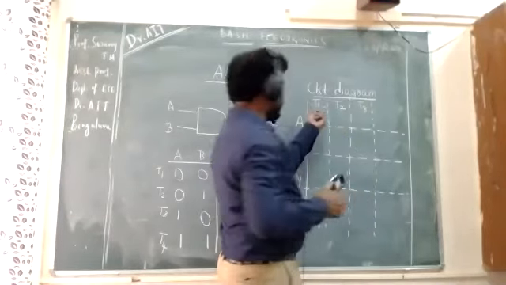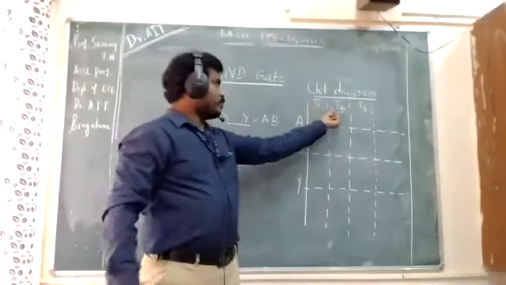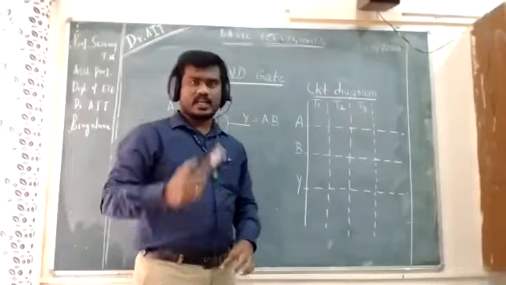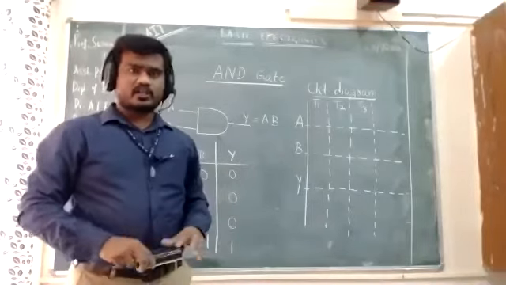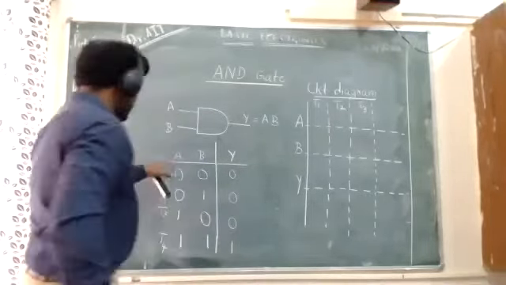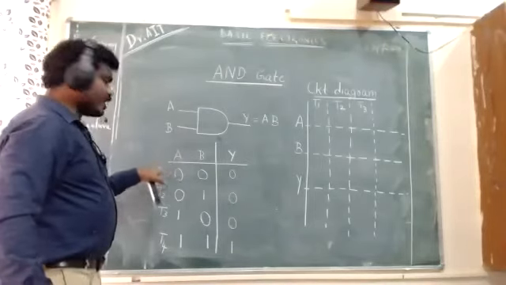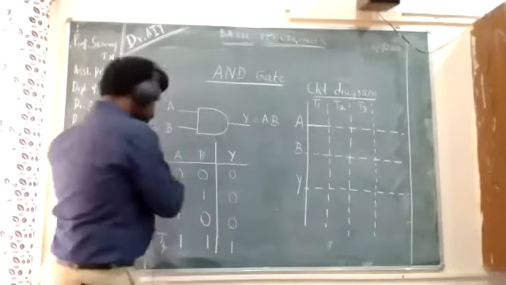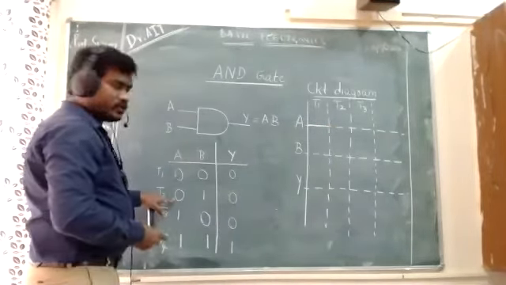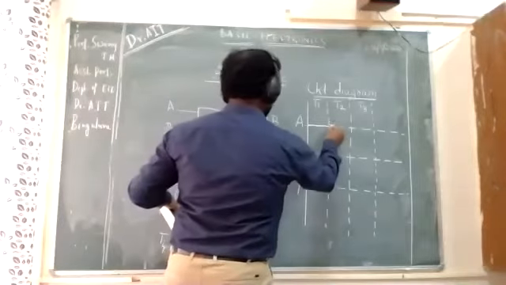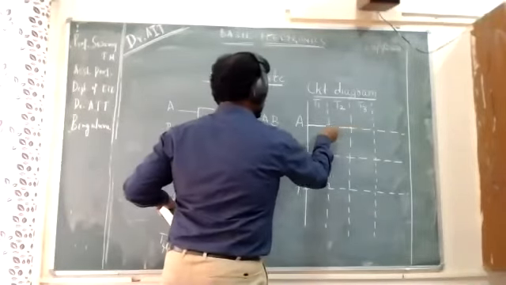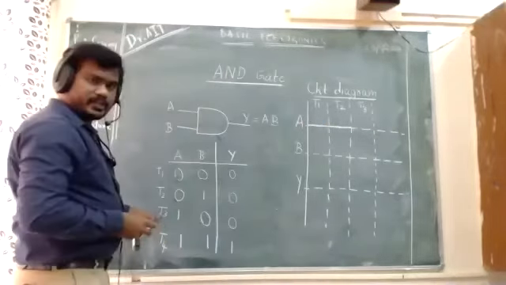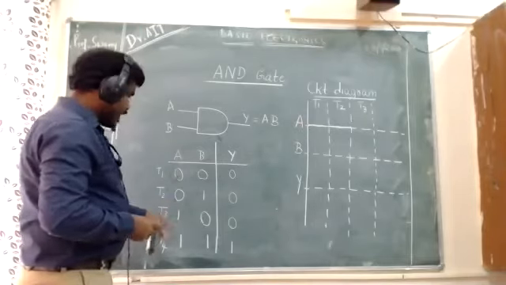Time T1 is one half cycle, time T2 is another half cycle, and time T3 is another half cycle. That half cycle can be logic 0 or logic 1. Now in time T1, A is 0, and in time T2, A is 0. In time T3 and time T4, A is logic high.